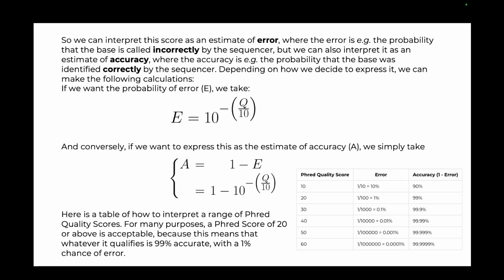So 20 is generally the cutoff for acceptable quality scores, which is giving you 1% error and 99% accuracy. And if you increase, it'll go from 99 to 99.9, 99.99, and however many nines you want to add, depending on how you go on increasing the Phred score. But around 20 and 30 is something that we generally look for.